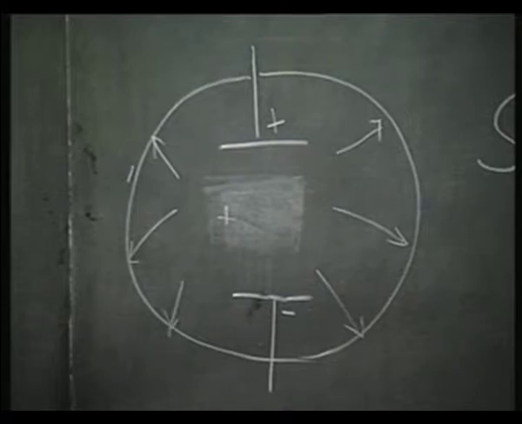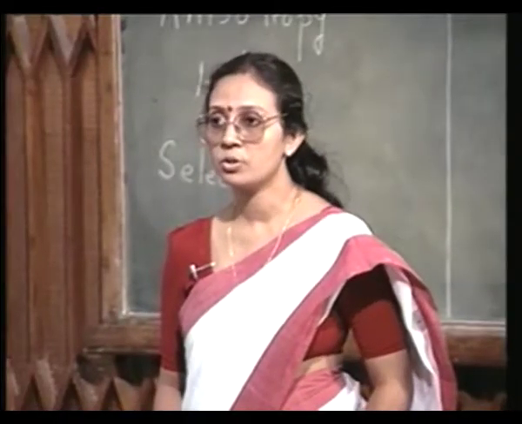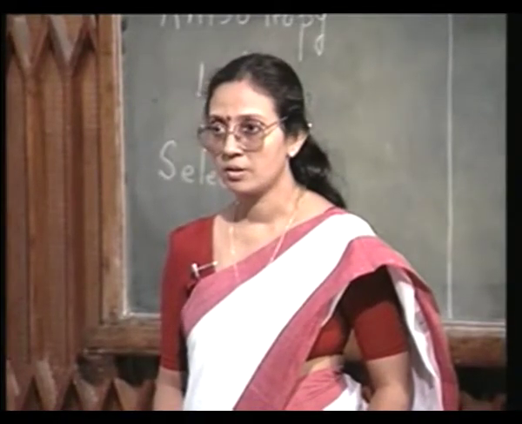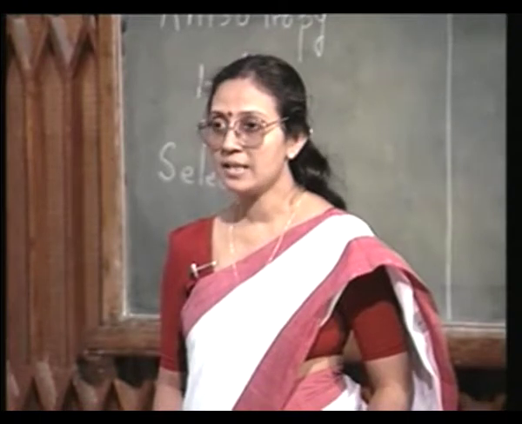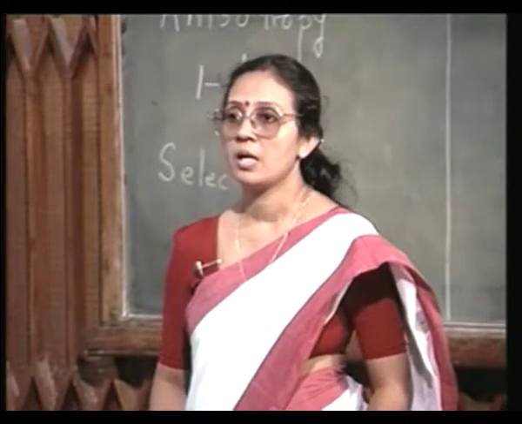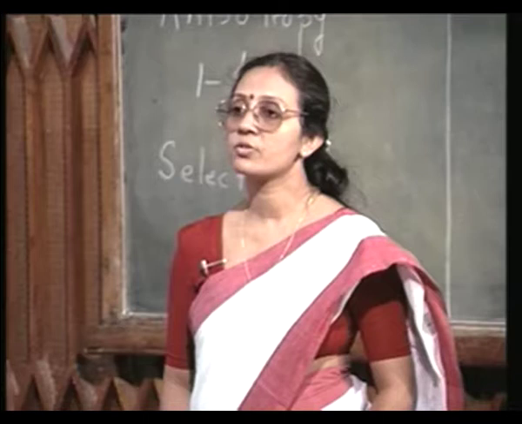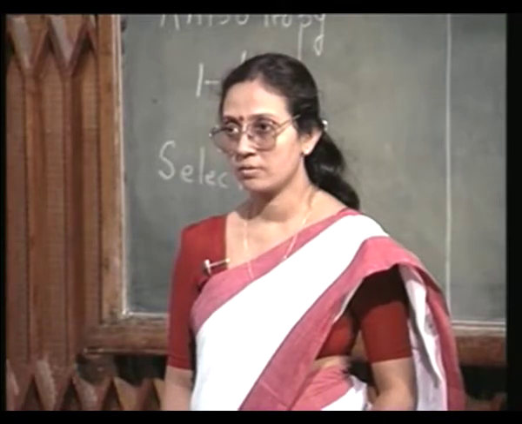So, adjacent to this negative electrode, I have a sheath which is called the cathode sheath, right, and this cathode sheath has a large voltage across it.